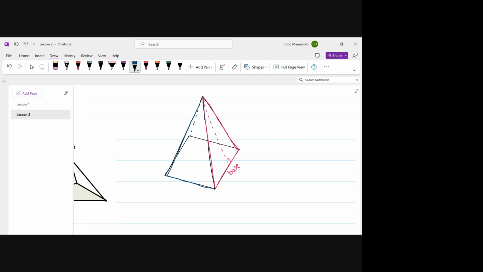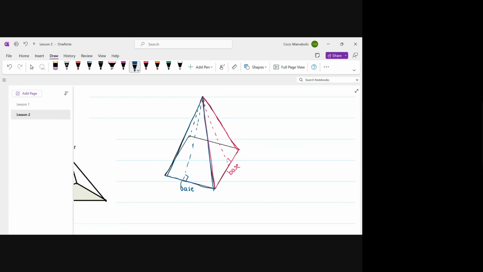This triangle will look exactly like that one, because it's a square and it's a right pyramid. So this will also be my base, and my perpendicular height will have to be the slant height over here. Perpendicular height and slant height are two completely different things. Slant height kind of sits like this.